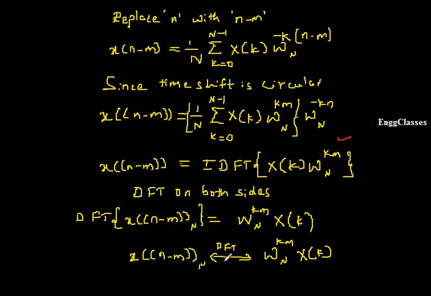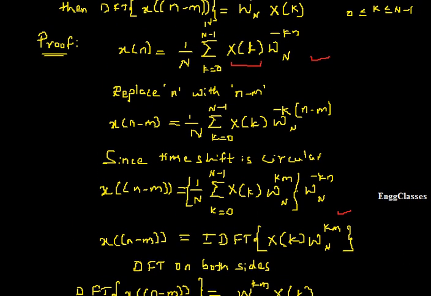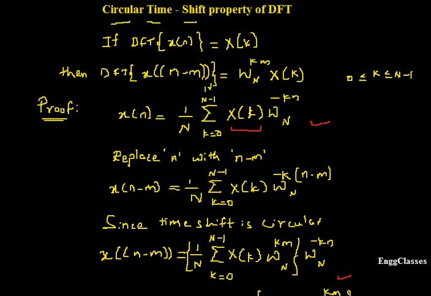That is the importance of arrows on both sides. Is that okay? So this is the proof for the circular time shift property. I said the result is very important to solve the numericals, so make sure you remember this result: DFT of x of n minus m is equal to W_N to the power k into m, X of k.